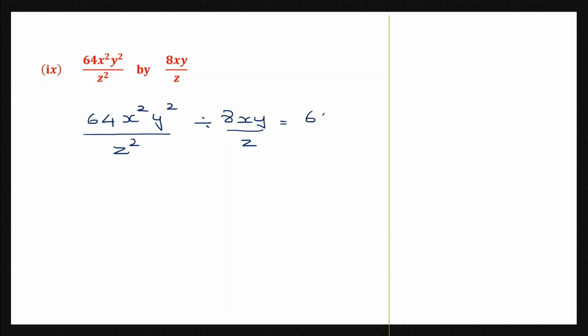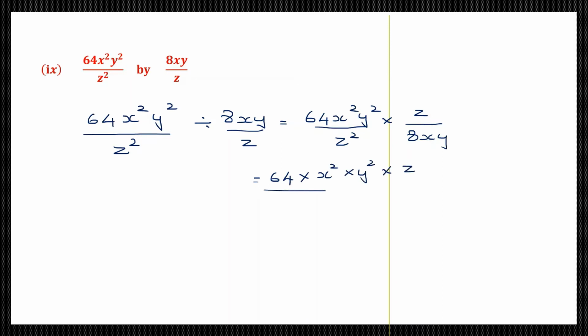So 64 x square y square divided by z square, into, write the reciprocal, z by 8xy. So that becomes 64 into x to the power of 2 into y to the power of 2 into z in our numerator, and down we have z to the power of 2 into 8 into x into y.